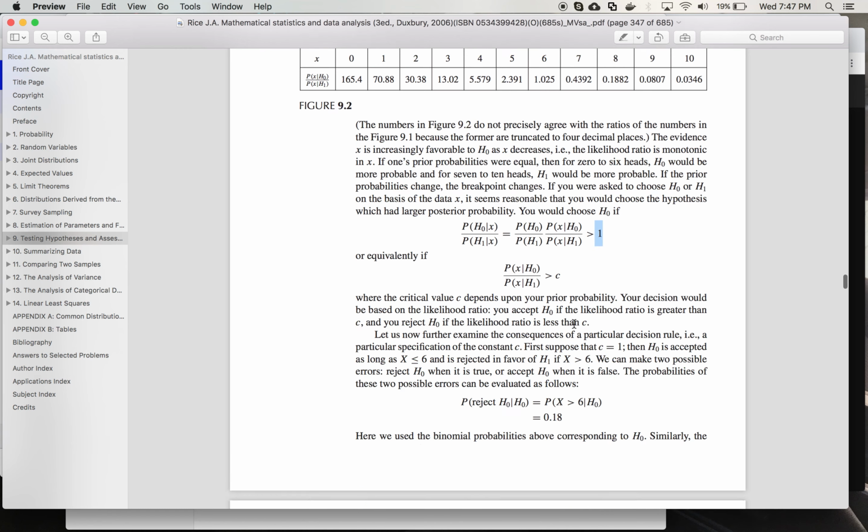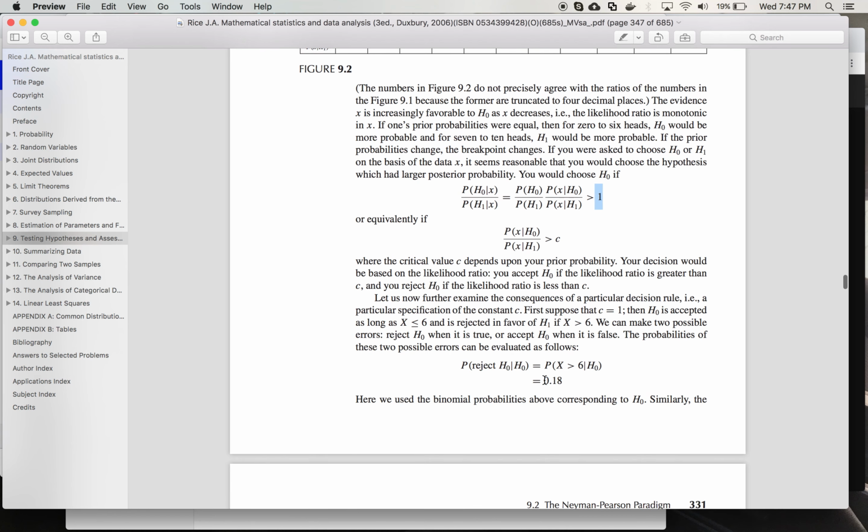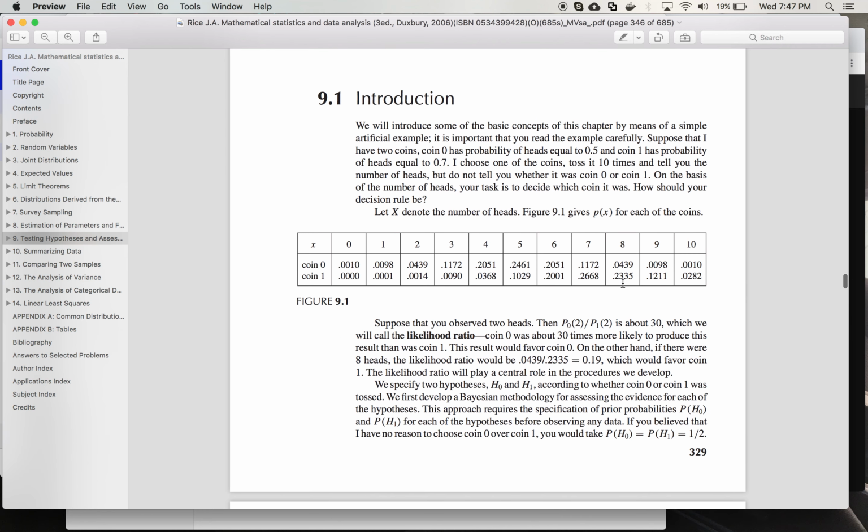We would have to reject h naught, and this will be our type 1 error, 0.18. We calculate this from the first table, where we sum all the values for 7, 8, 9, 10 of coin 0.